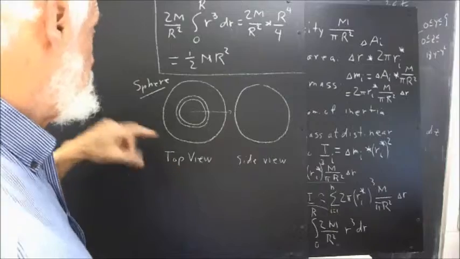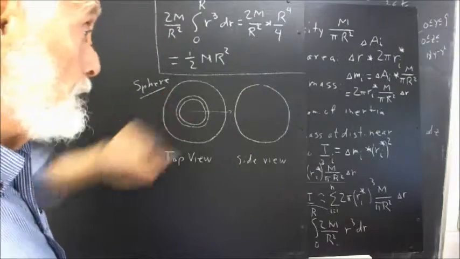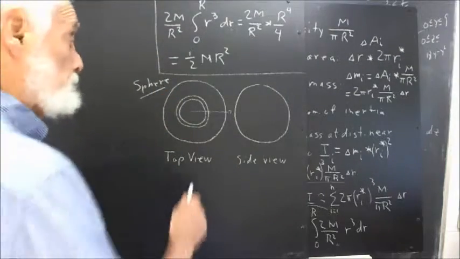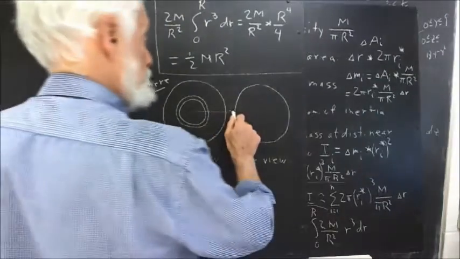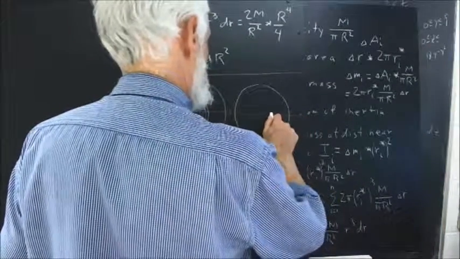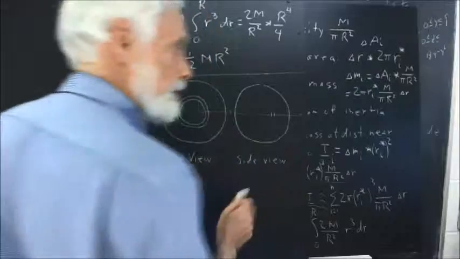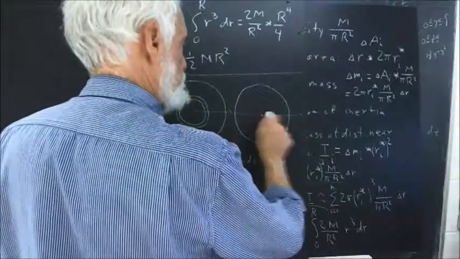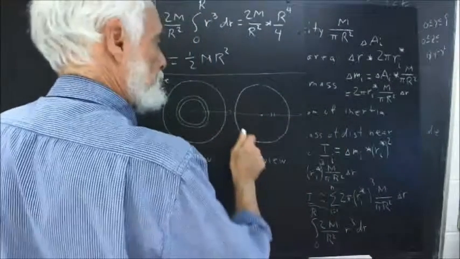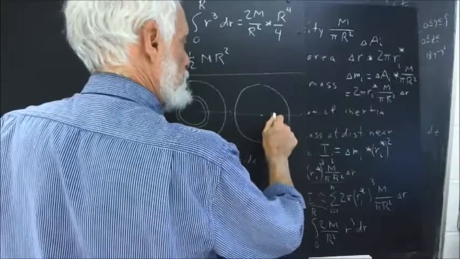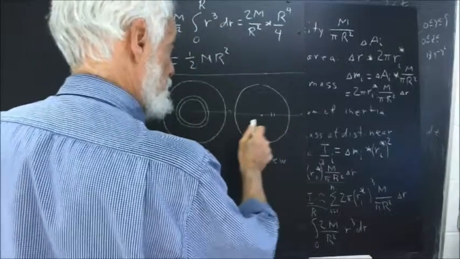We don't have that with the sphere, because if this is the top view of the sphere, the side view looks like this. So here's our partition of the polar axis.